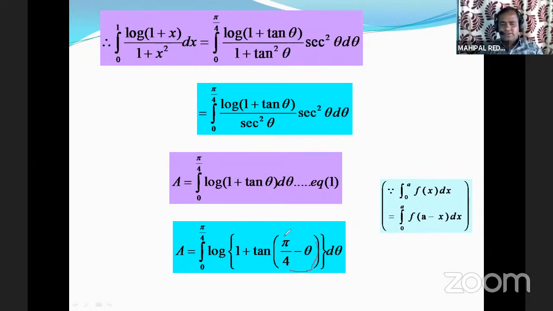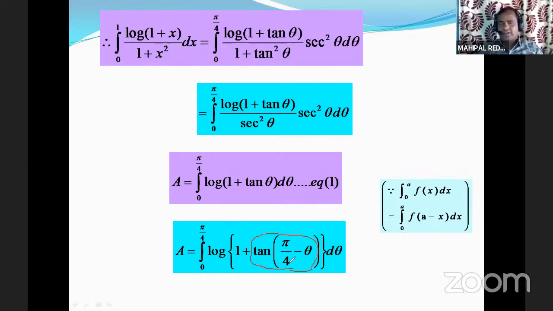Dear student, now look at the tan A minus B formula. Tan of A minus B is tan A minus tan B by 1 plus tan A into tan B. As well, there is one more formula for tan of pi by 4 minus theta.